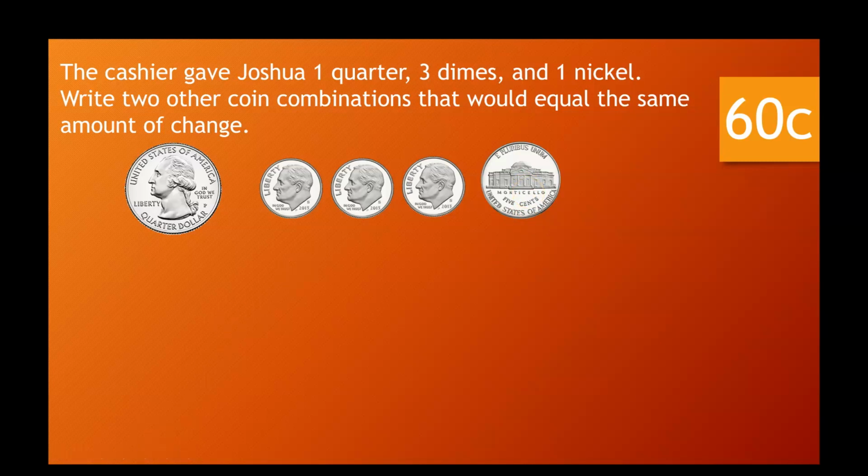Now we need to come up with 2 more combinations of how to make 60 cents. Go ahead and push pause and then push play when you're done coming up with your 2 combinations. Here's my 2 combinations that I came up with.